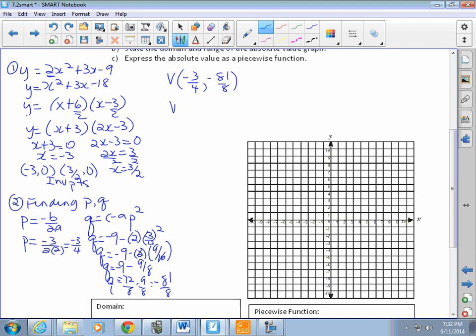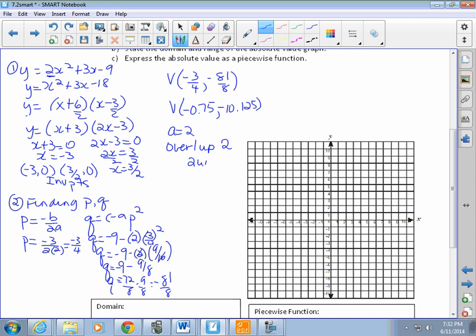So I'm just going to put this into a decimal just to make it easier to draw on here. So this becomes negative 0.75, and negative 81 over 8 is negative 10.125. So my A value here is a 2. So that means my up and over will be doubled. So instead of going over 1, up 1, I go over 1, up 2.